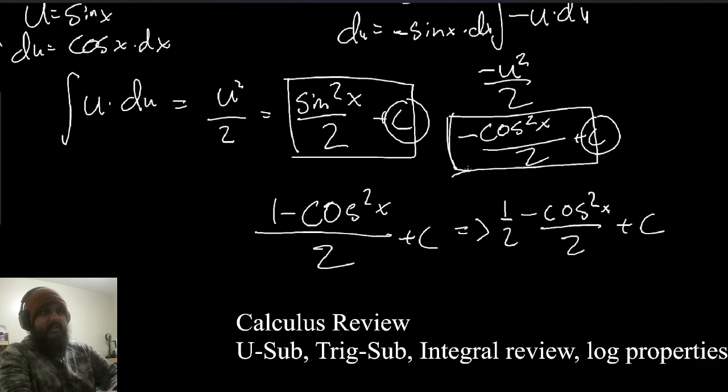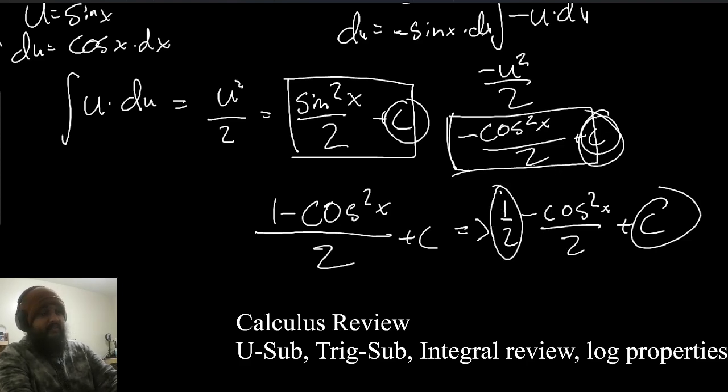So this is why they were different: this c was slightly different from this c, because it contained that half. This is why you always have to include plus c, because you don't know if you're adding or subtracting something.